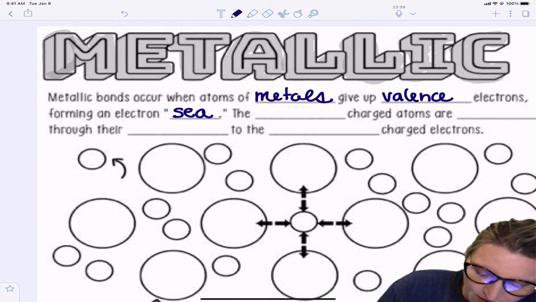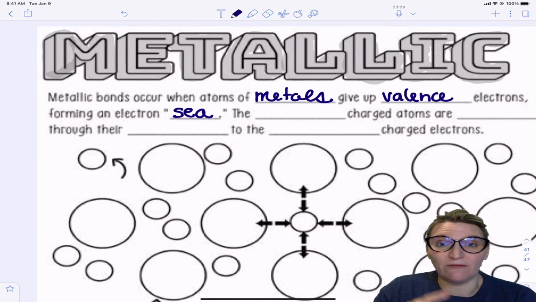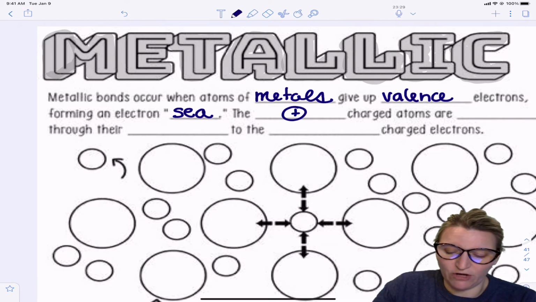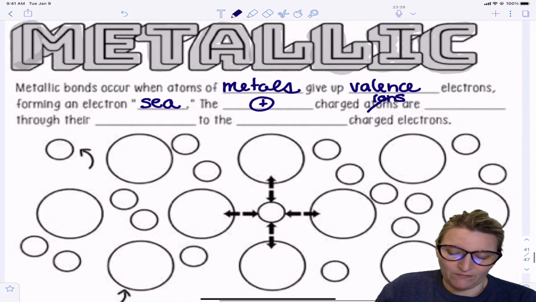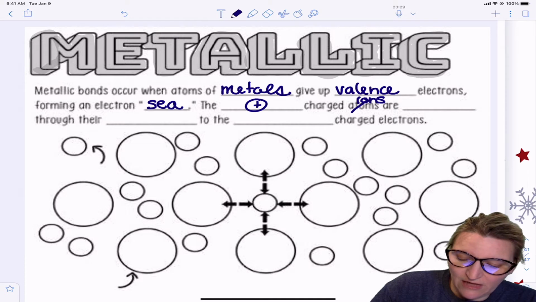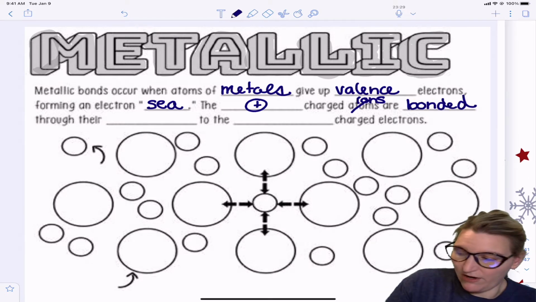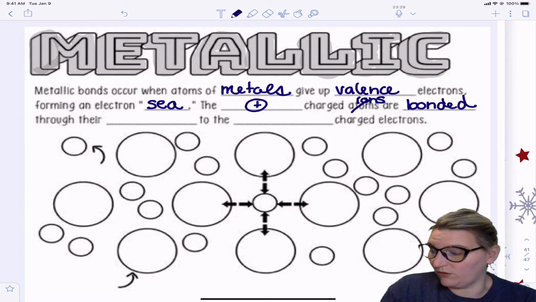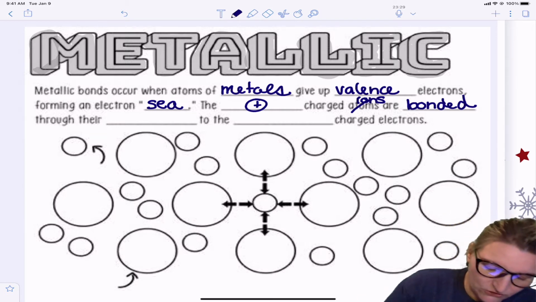So now, if the valence electrons leave, then we would have positively charged metal ions, and these ions are now bonded through their attraction to those negatively charged electrons.